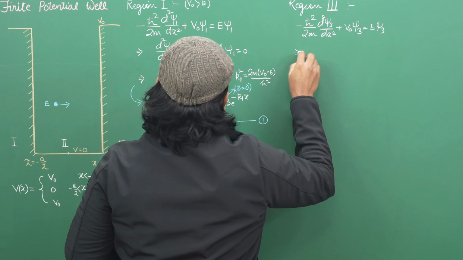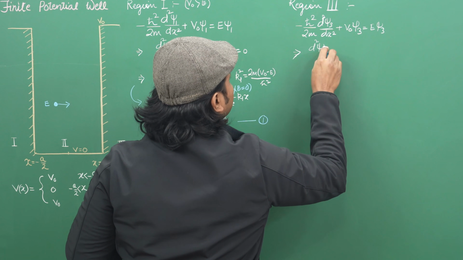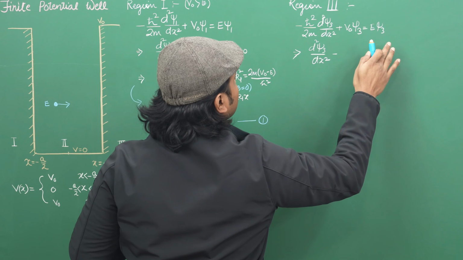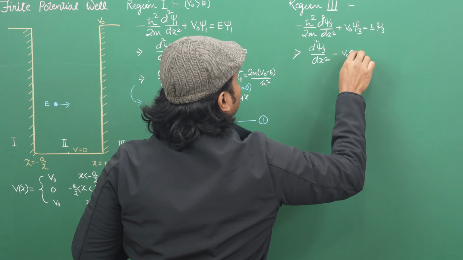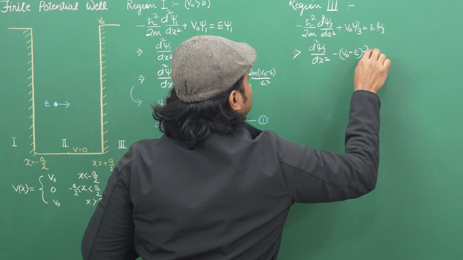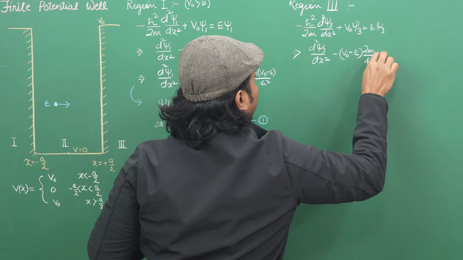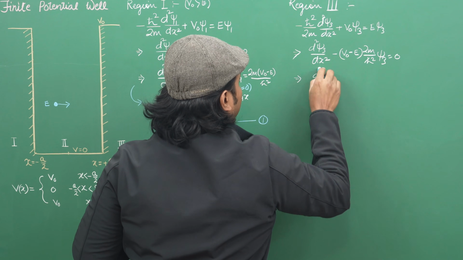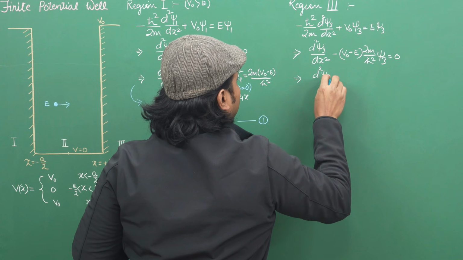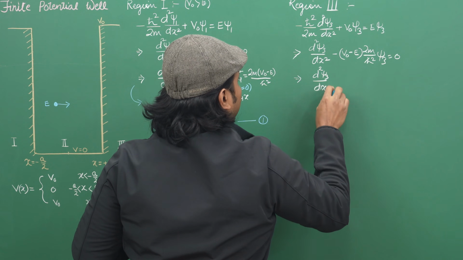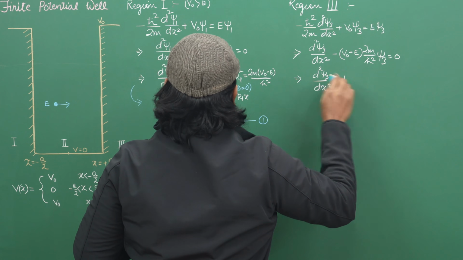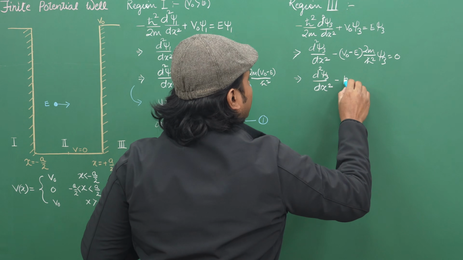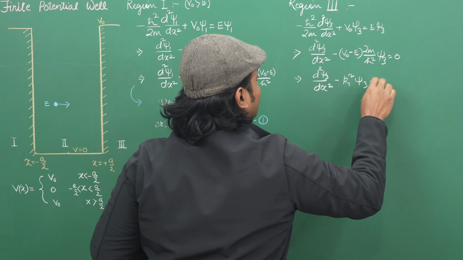This simply leads to a very similar differential equation: d2 psi 3 upon dx2 minus V0 minus E times 2m upon h cross square psi 3 is equal to 0, which leads to d2 psi 3 upon dx2 minus, again using the same constant k1 wave number, k1 square psi 3 is equal to 0.